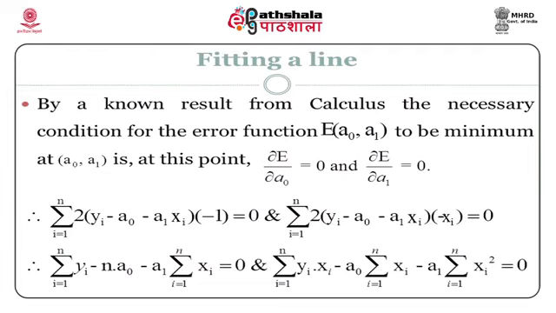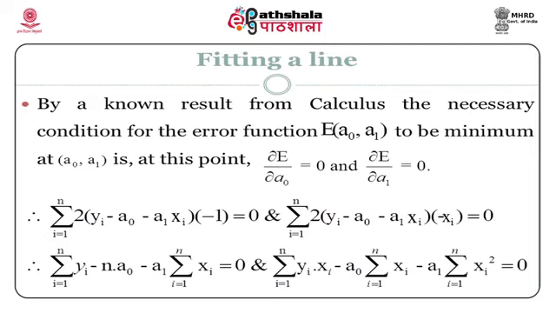And the partial derivative with respect to a1 will give me sum i equal to 1 to n of 2 into (yi minus a0 minus a1 into xi) into minus xi, as the coefficient of a1 is minus xi, and I am equating both these partial derivatives to 0.